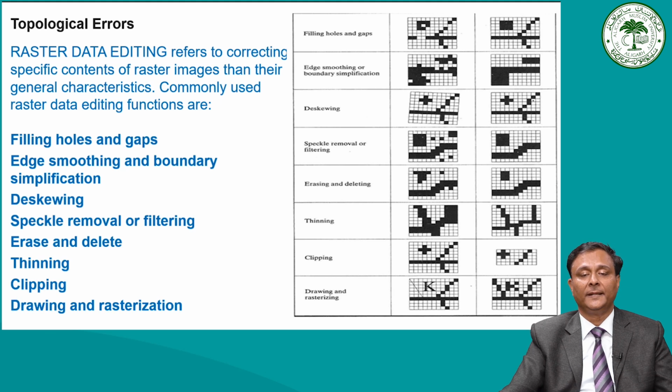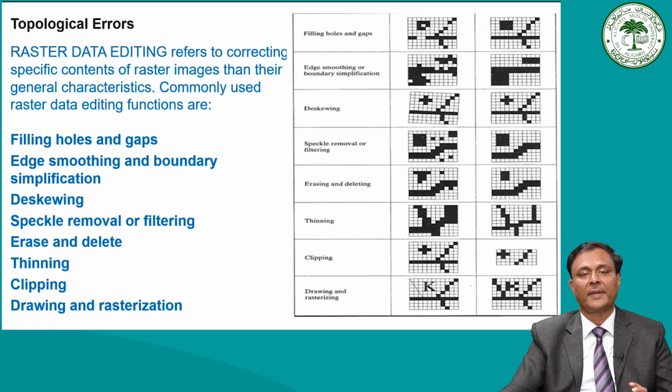Another could be clipping, to cut and remove specific portions of a raster image. Another can be drawing and rasterization. Here, the process includes adding vector graphics or text to raster form in a new image. That process is known as drawing and rasterization.